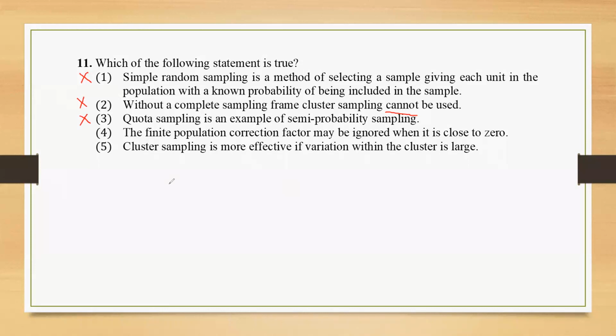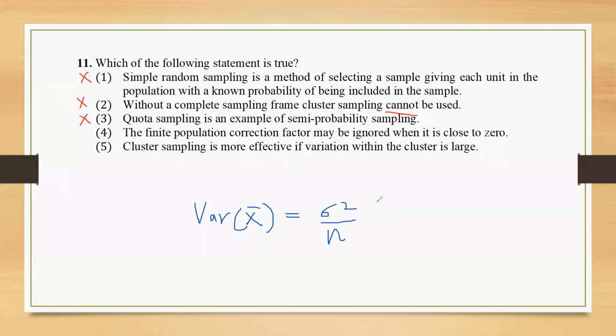And consider the fourth one: the finite population correction factor may be ignored when it is close to zero. As an example, let's consider the variance of x bar, right? You know that x bar is the sample mean. When we consider the variance of x bar, we can calculate it by sigma squared divided by sample size n.